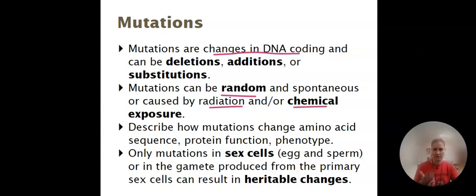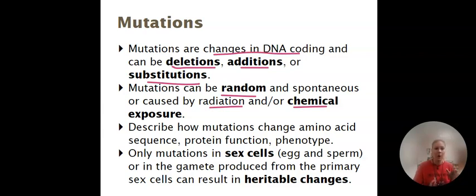Okay, the mutagen just causes a DNA mutation. Now, a DNA mutation, we can delete a letter, we could add in an extra letter, or we could substitute or switch out a letter. Okay, all three of these are just different types of DNA mutations that can happen.